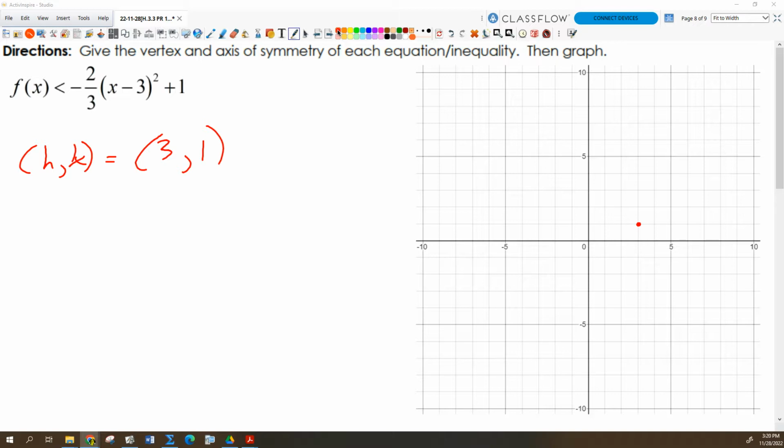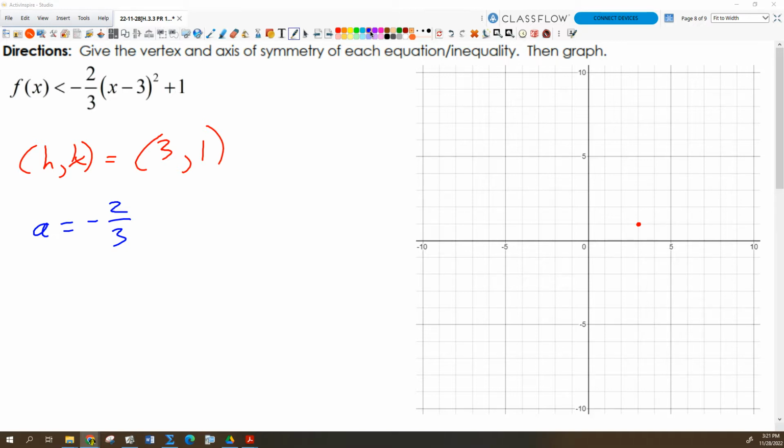So there's my vertex. What's the value of a? Okay, -2/3. Now you got to pay very close attention to this part. Think about the parent height that would be most convenient. Well, let's write down a couple of different options.